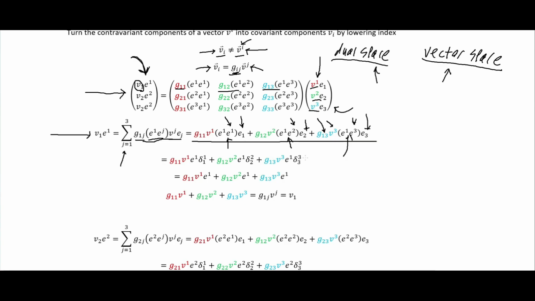Then this E1 here, this E2 here, and this E3 here will just be equal to 1, and so I put them here as Kronecker deltas with 1, 1, 2, 2, and 3, 3, which just means that it comes out equal to 1.